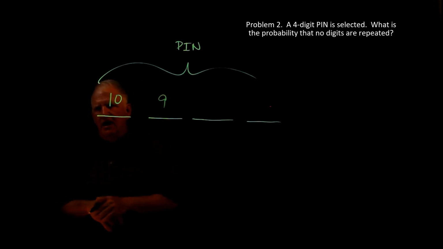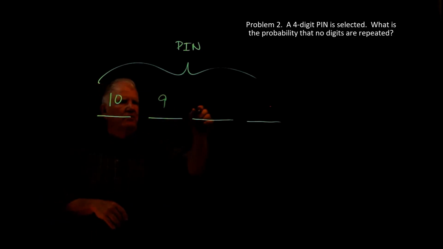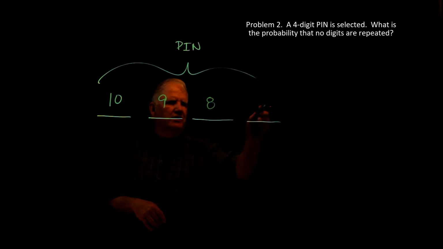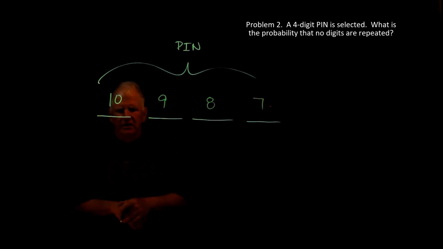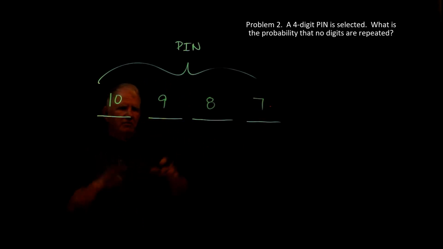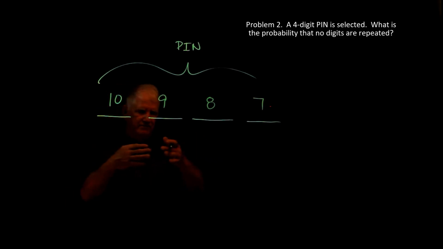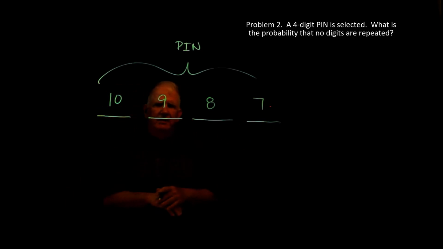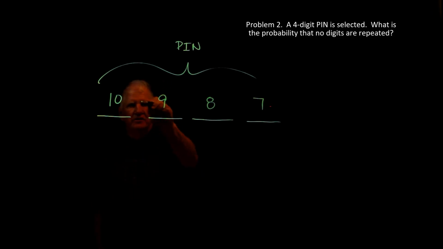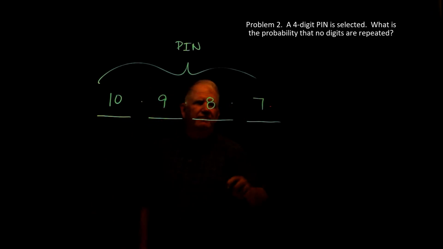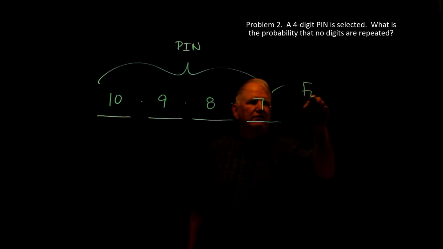I only have 9 that I can put here. Likewise, only 8 that I can put here, and likewise, only 7 that I can put here. So the number of ways that you can fill up this 4-slotted PIN is the product of all these numbers. You know that from the fundamental counting rule.